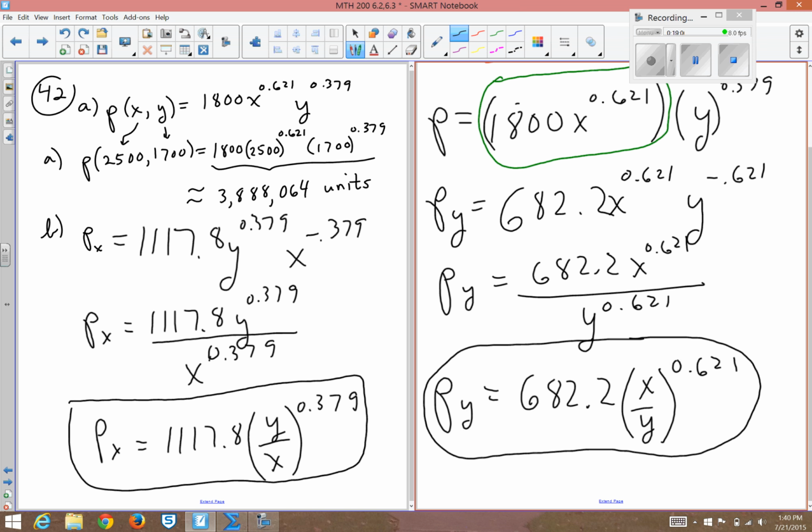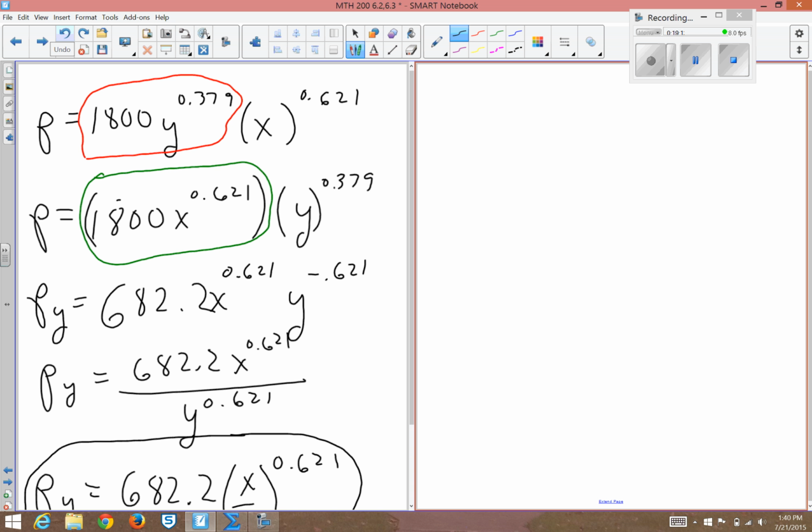And then part C. Evaluate the marginal productivities at x equals 2500, y equals 1700.